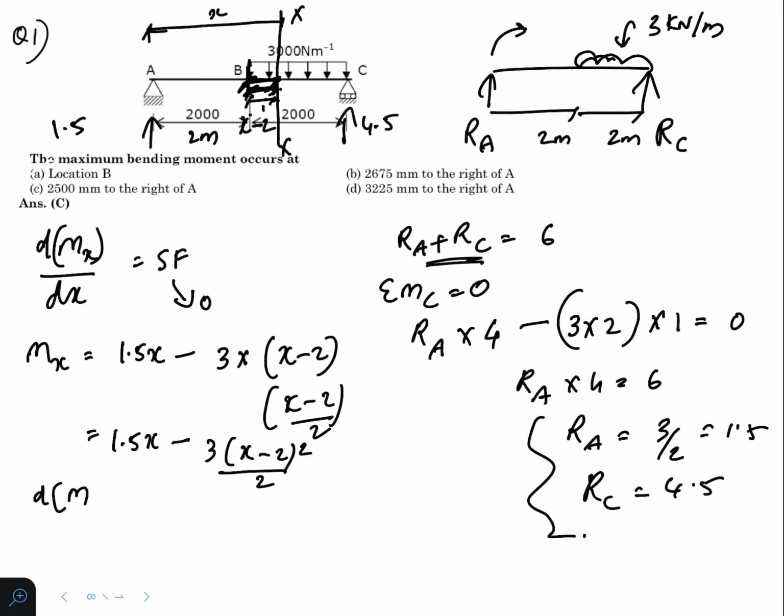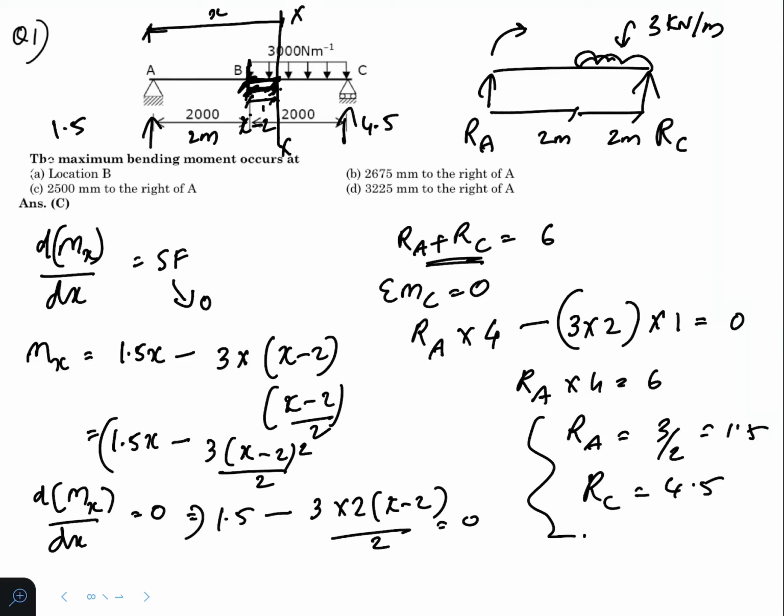Now dM of x by dx is equal to 0, because shear force at the point of maximum bending moment is 0. Differentiating this M of x, this will give 1.5 minus 3 into 2 into (x minus 2) by 2 is 0. So 1.5 is equal to 1.5 into 2 into (x minus 2).